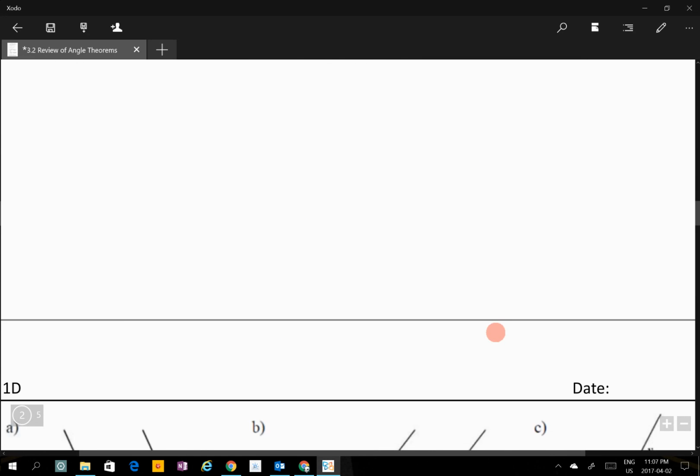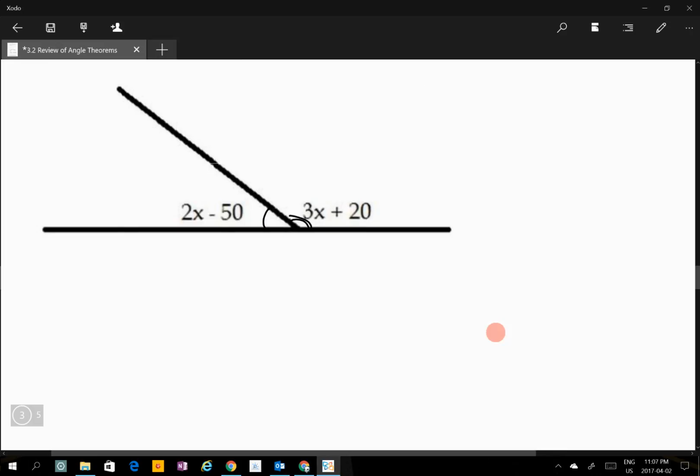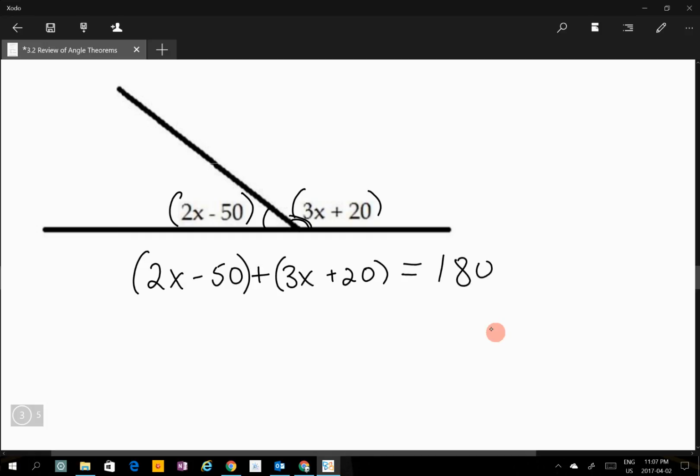So back to the question over here, I'm going to say, okay, this angle here, 2x minus 50 plus 3x plus 20, have to add up to 180 degrees. So 2x minus 50 plus 3x plus 20 have to add up to 180 degrees. So I've just created this equation, and I can solve this equation for x.